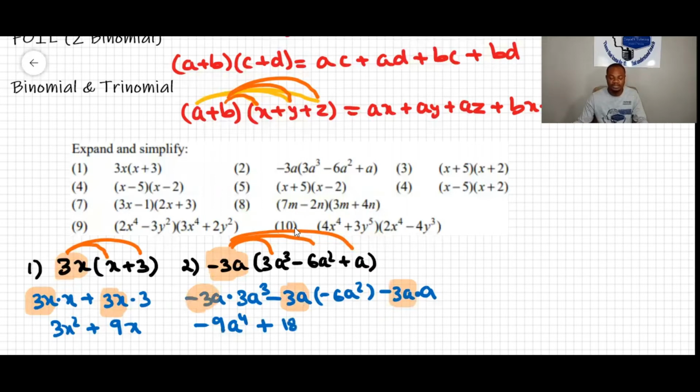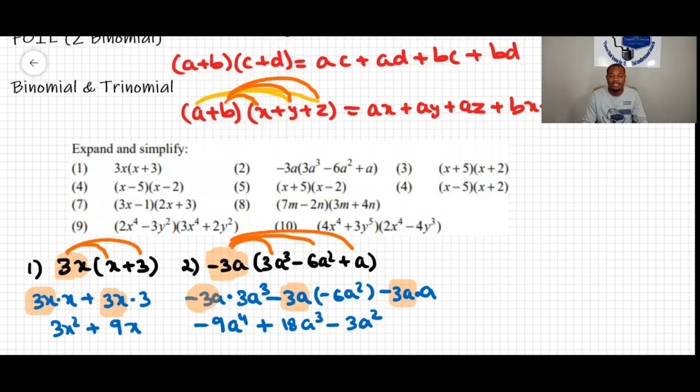And then a and a squared will make a to the power of 3, and negative 3a times a makes a to the power of 2. Here you can remember what you learned in previous grades, like grade 8 and 9, the law of exponents. So this makes a to the power 3, and that makes a to the power 2.